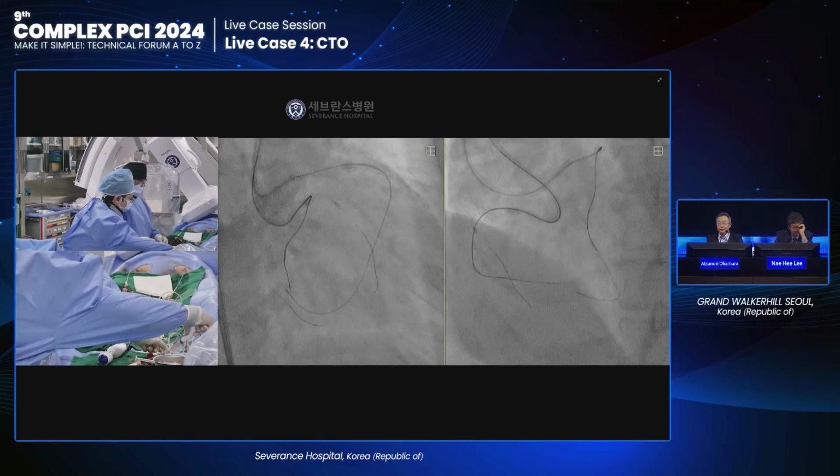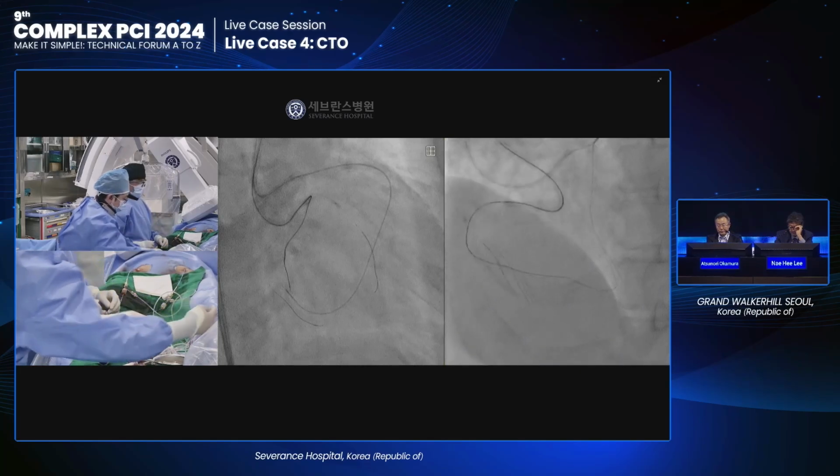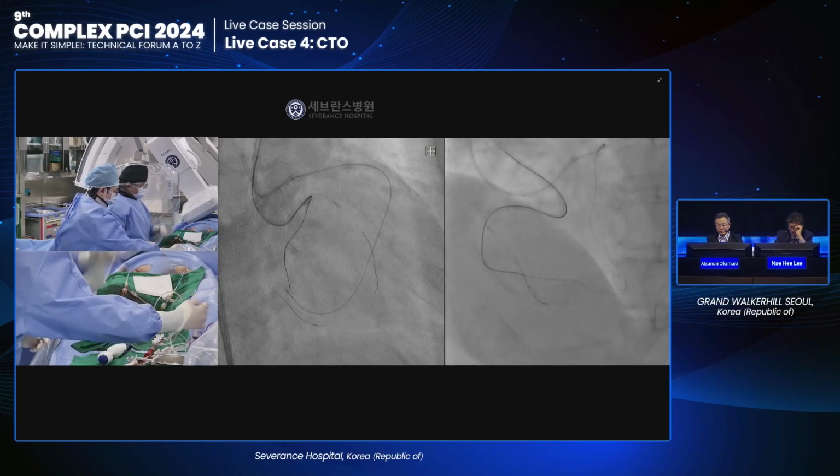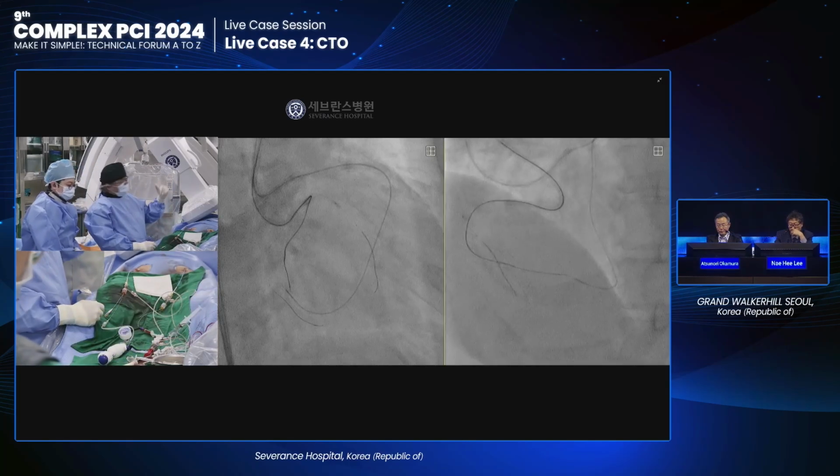Position was good, but I don't like the aerial caudal.